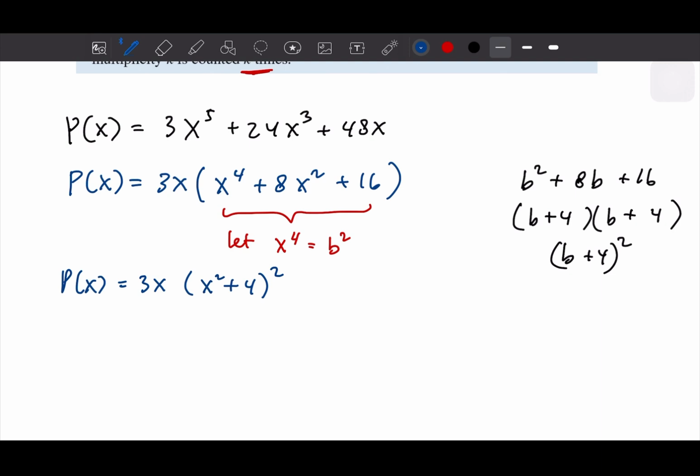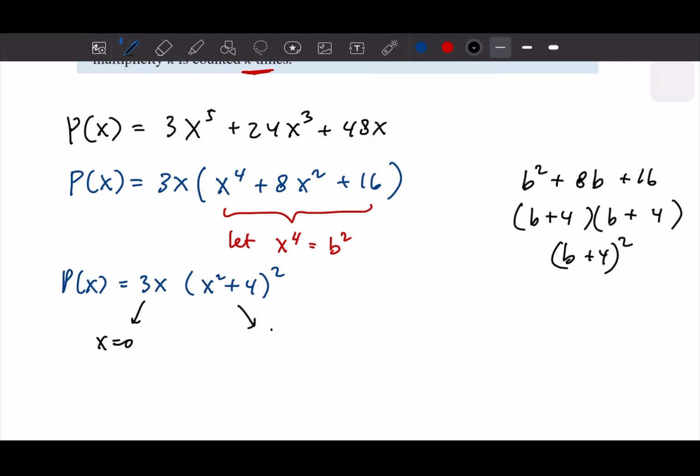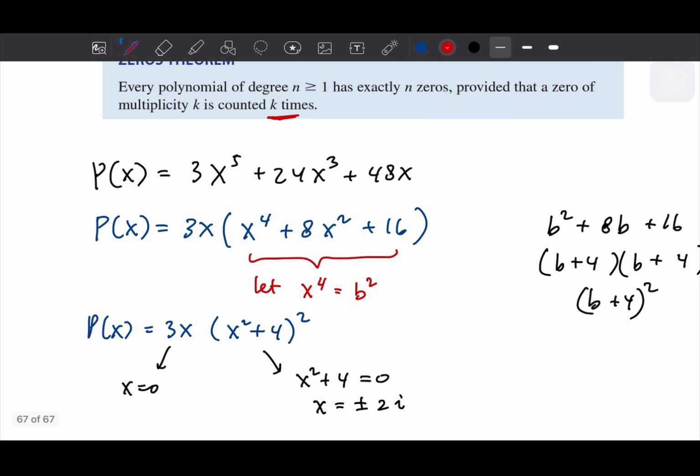squared. And of course, we say that one zero is 0, so x is 0, and we could take this and equate it to 0, and we have plus or minus 2 imaginary number. Okay. Well, we could also check through the Descartes rule if you would like. So we have no positive zero.